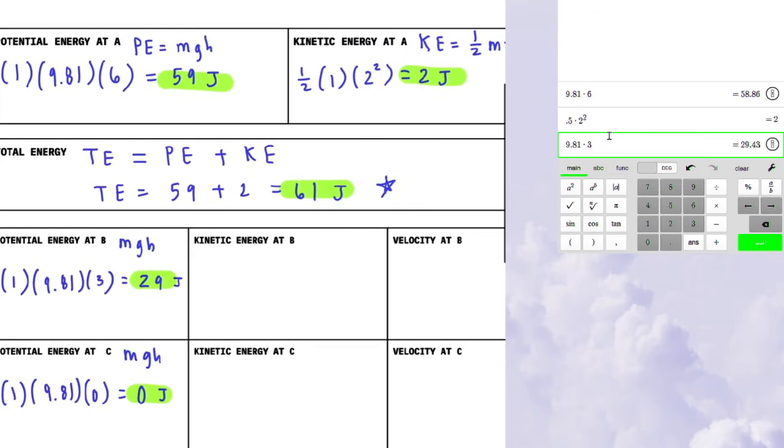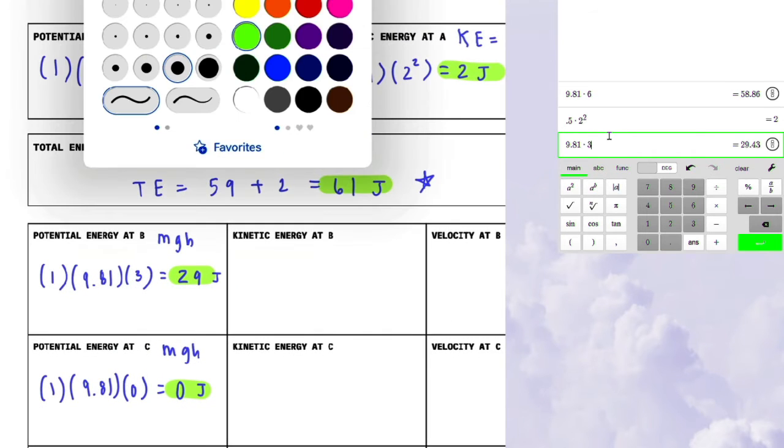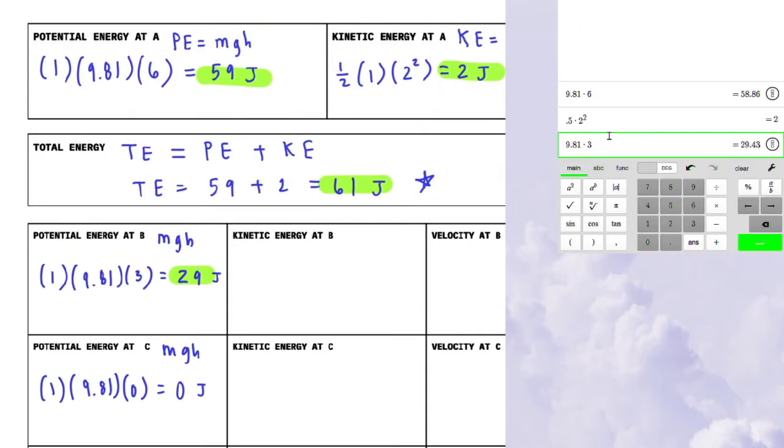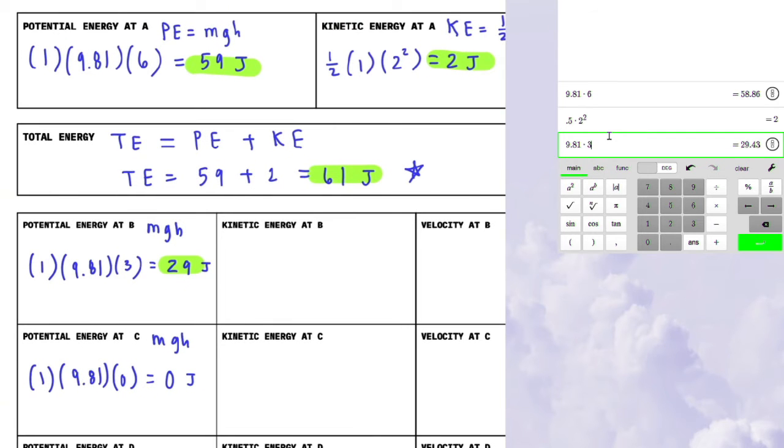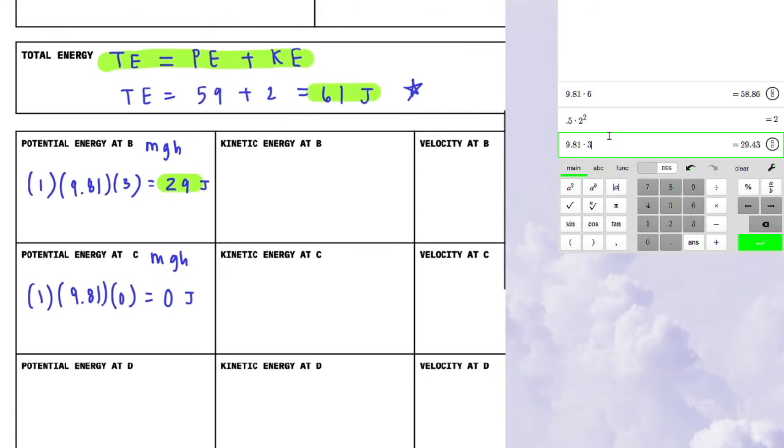The key thing that you need to remember, as I was saying, like the 61 joules, is that the total energy is always going to be equal to the potential plus the kinetic energy, and that is how we're going to solve this. So if we already know the potential energy and we need to figure out the kinetic energy, it's just going to be a subtraction problem. So total energy is equal to PE plus KE.